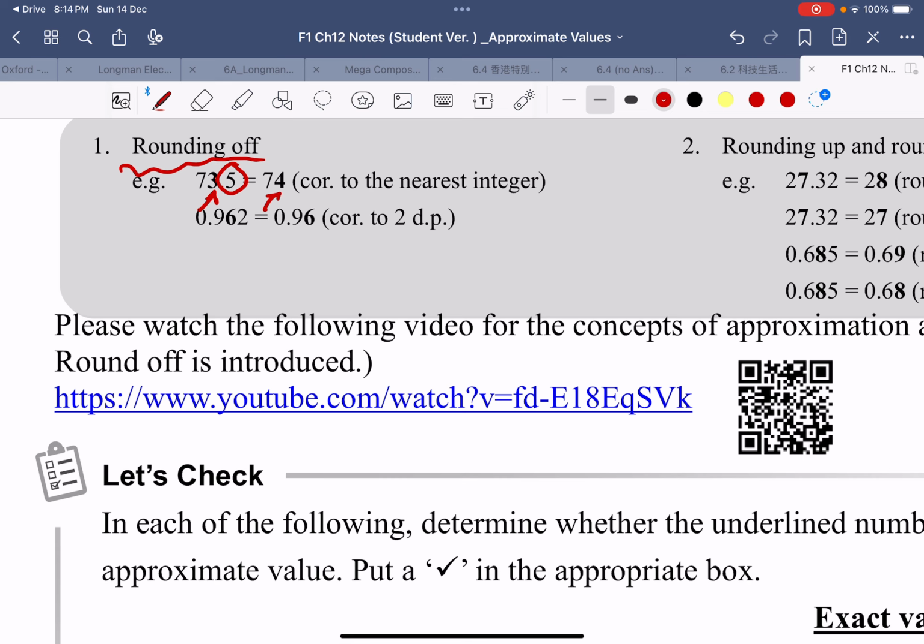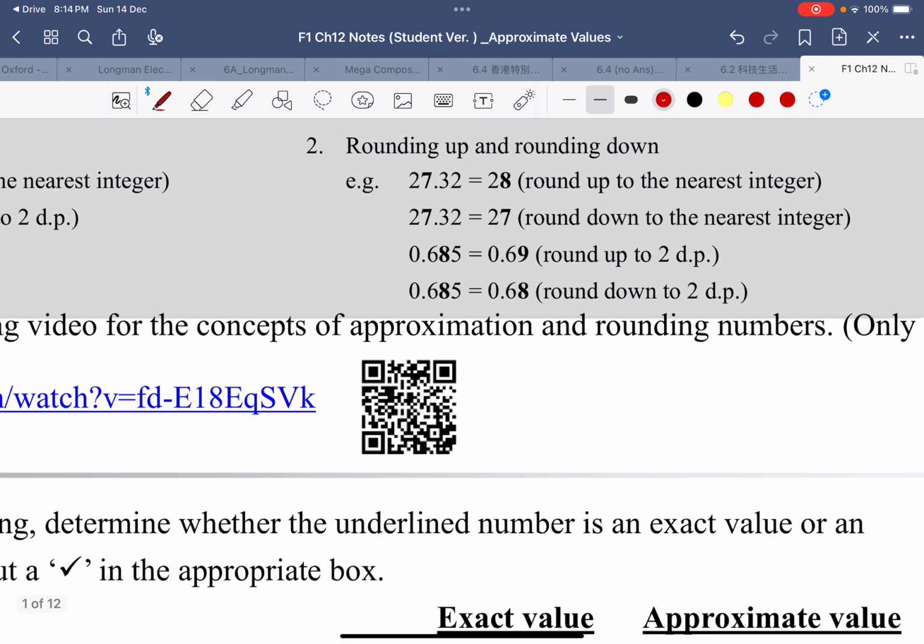The second is called rounding up and rounding down. If you round up a number, it always has a higher value than the original number. For example, if you round up this number to the nearest integer, that means this is the nearest integer, and then no matter what these numbers are, you round up and add 1 to the 7, and it becomes 28.